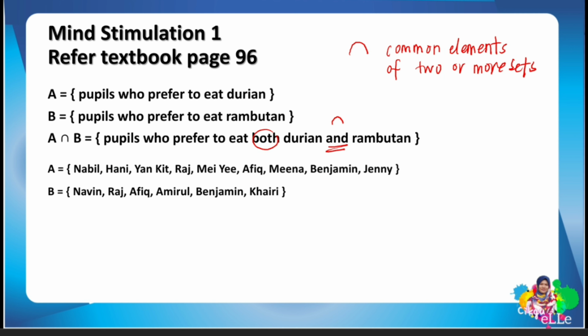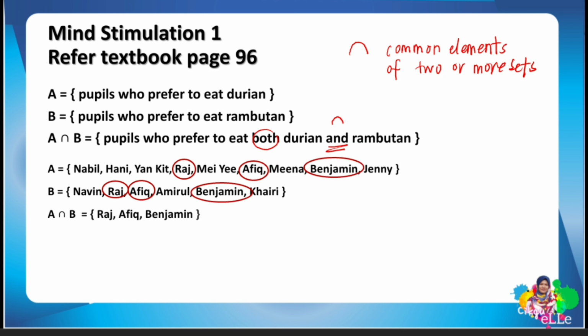So, how to identify A intersection B? You have to identify what are the common elements between these two sets. So, the common elements are Raj, Afiq, and Benjamin.